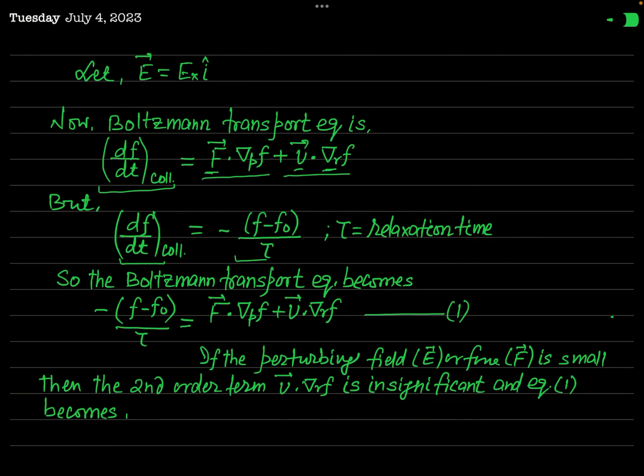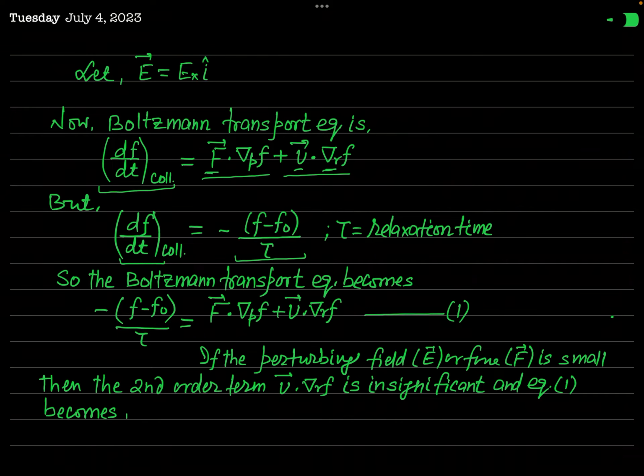This is minus f naught over tau, where tau is the relaxation time, which means this is the average time or mean time between two successive collisions of the electron with the lattice. This is the relaxation time.